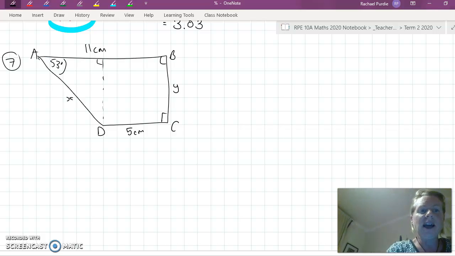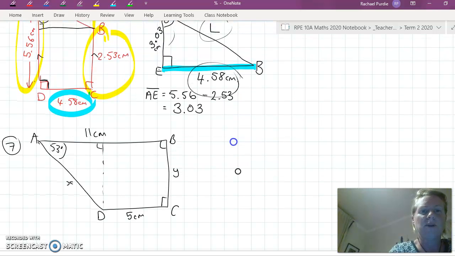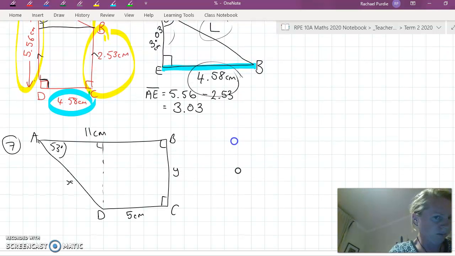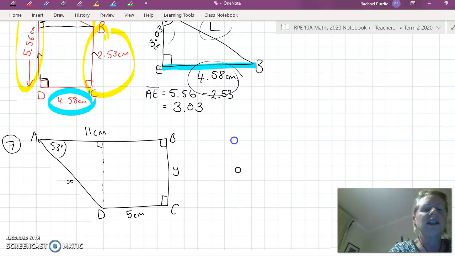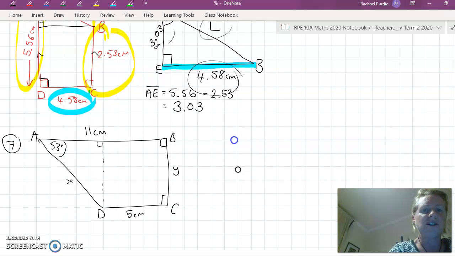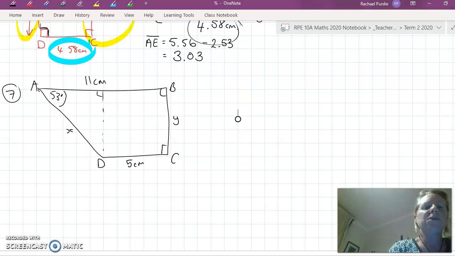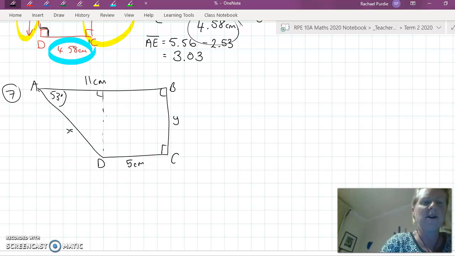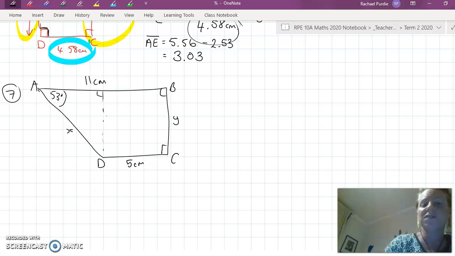So again, just like for question 6, X is the hypotenuse of the triangle. Currently, you have enough information to deal with that, okay? You may be thinking, but I don't know what Y is, so how can I then find it? But you don't need to use Pythagoras like you did for 6.